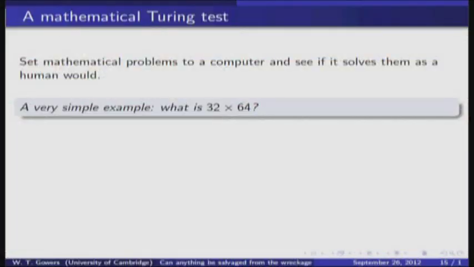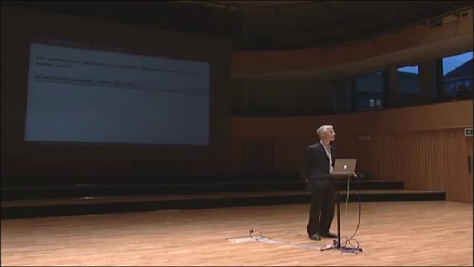There isn't a computer that can pass the Turing test yet, although there are some rather entertaining programs that can sort of pass it for about 2 minutes before you start realizing that they're being a bit monotonous or something like that. So a mathematical Turing test would be something like that, except that you restrict the questions you ask to mathematical questions.